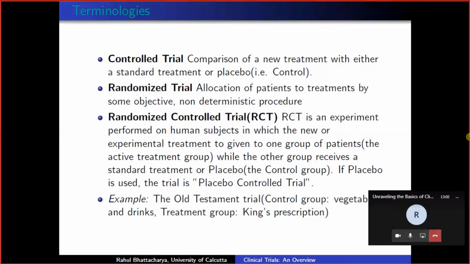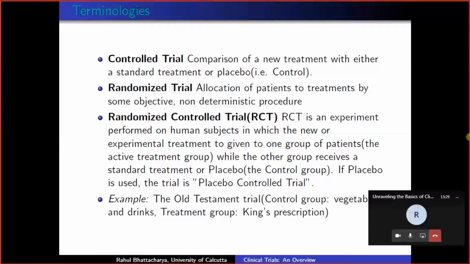The idea is an experiment performed on human subjects in which the new or experimental treatment is given to one group of patients while the other group receives the standard treatment or placebo. So there is a control treatment term and an active treatment term, and if a placebo is used, the trial is called a placebo controlled trial. Otherwise, it is called a randomized controlled trial or RCT.